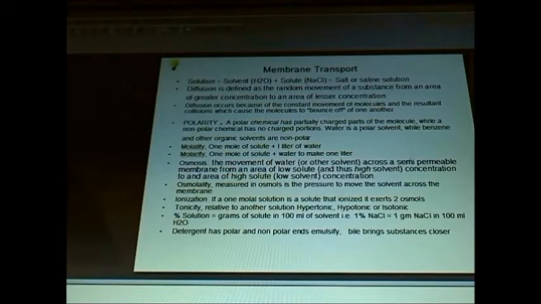Then you'll just get some Brownian movement or some diffusion back and forth, but there will be no real net gain of solution on either side of the membrane.